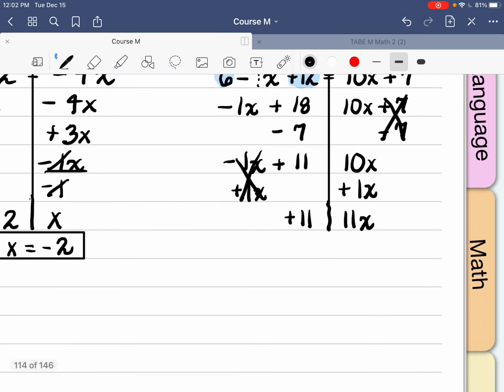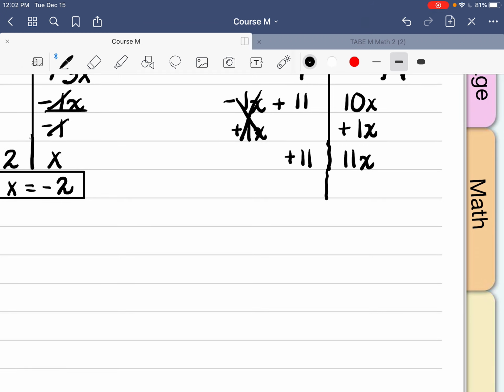And then 11x. And then we need to divide both sides by 11. And that gives me a 1 and an x. So the answer here to number 12, x is 1.